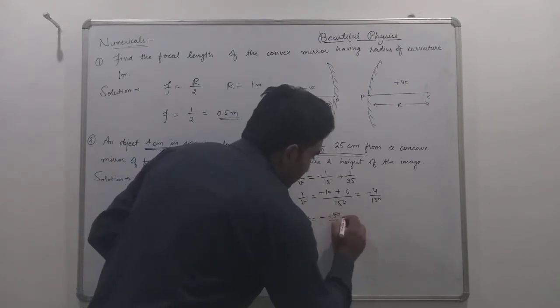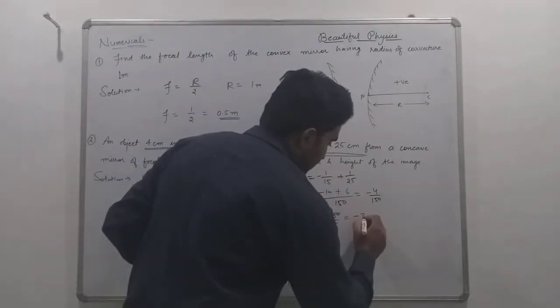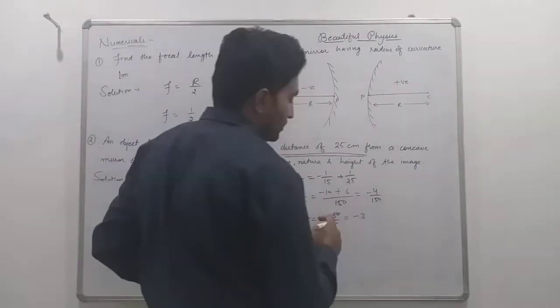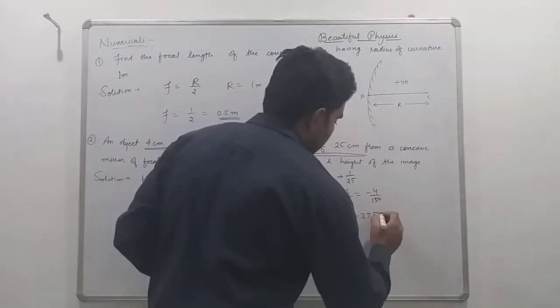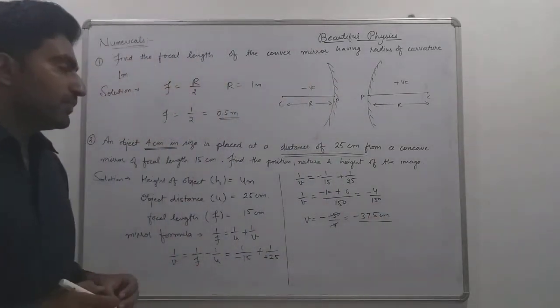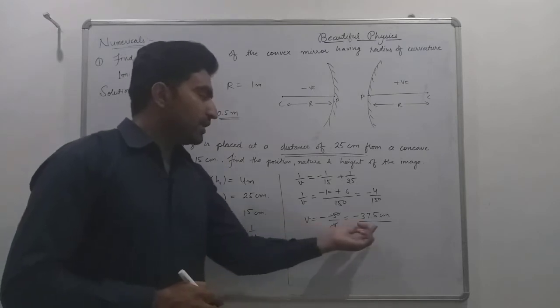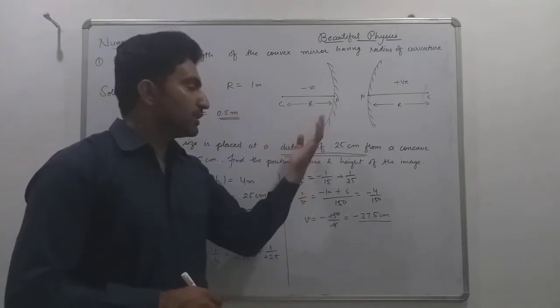When we cancel it out, we have minus 37.5 centimeter. So it is the position of the image in front of the concave mirror.